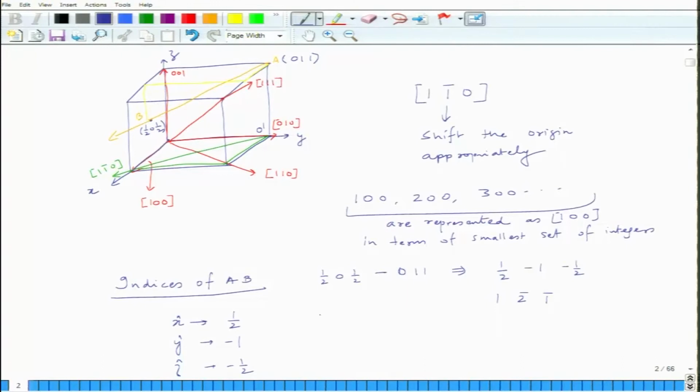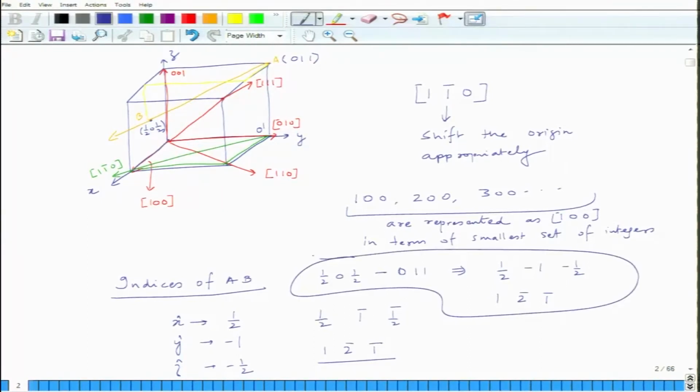So my UVW, my direction is half, minus 1, minus half, and if I multiply this by 2, it will be 1 bar 2 bar 1. I get the same answer, right? So you can do it in this fashion, you can do it in that fashion, both are fine. So this is how you determine the indices of any direction, which is nothing but a vector, right.